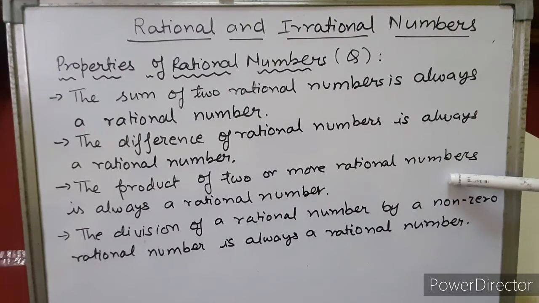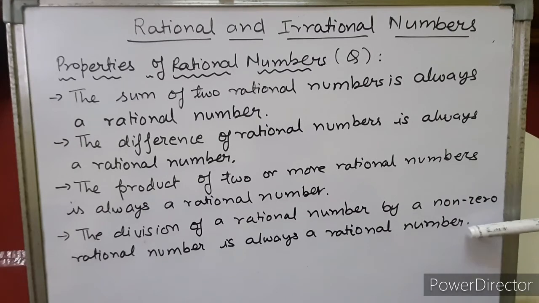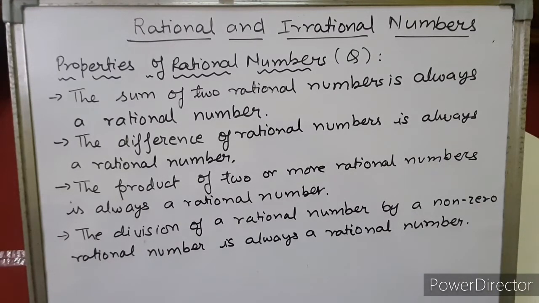And when we divide a rational number by a non-zero rational number, that means the divisor should not be 0, the result will always be a rational number. Alright children, note down please.